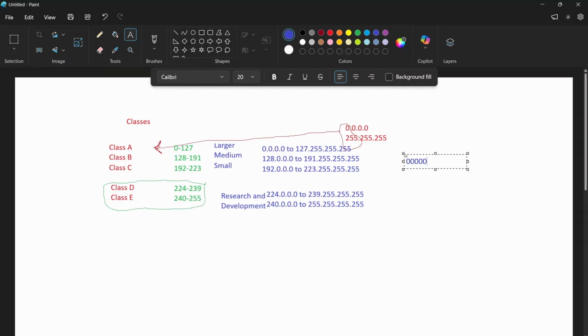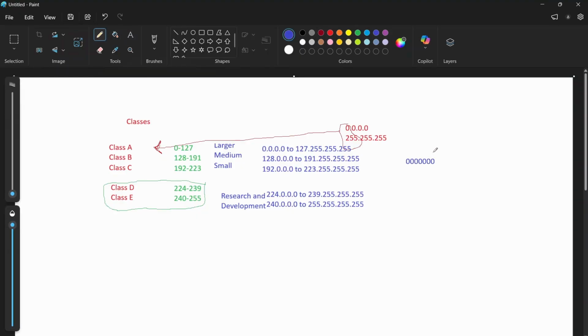Let me write 2 power 0, 2 power 1, 2 power 2, 2 power 3, 2 power 4, 2 power 5, 2 power 6, 2 power 7. That is a total of 8 positions.